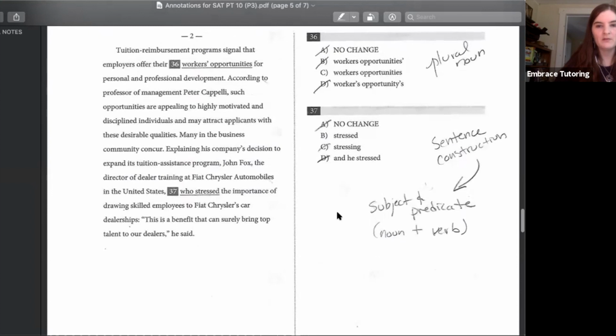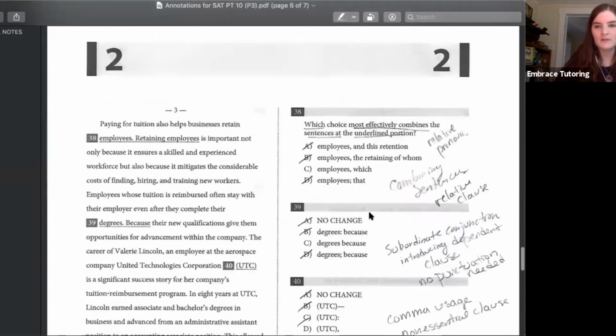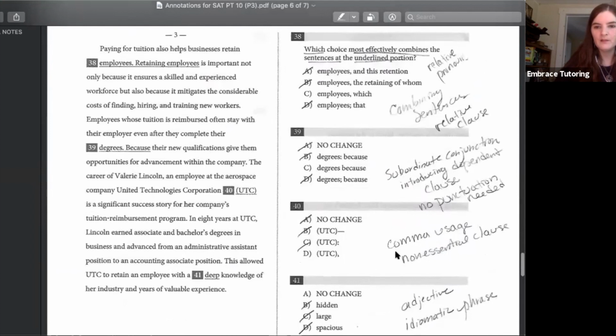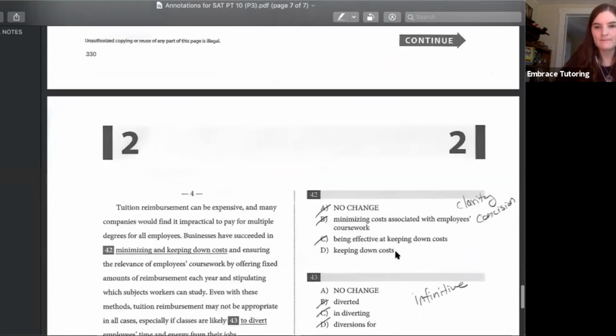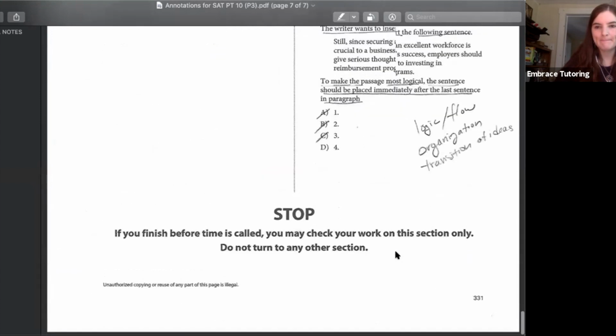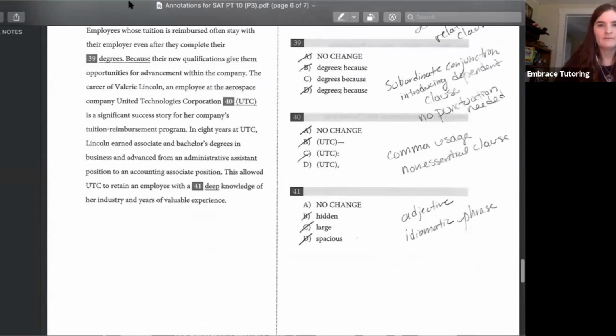So also dealing with subject verb agreement, all of those types of things. Subordinating conjunctions. Okay. No one had any questions on this section.